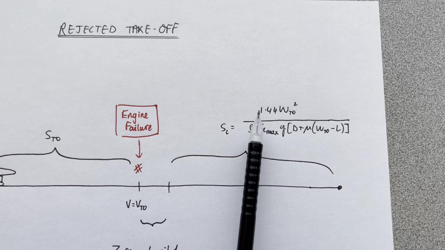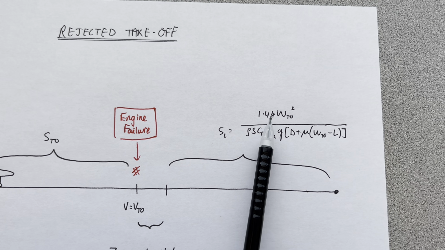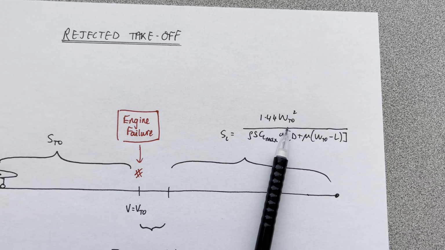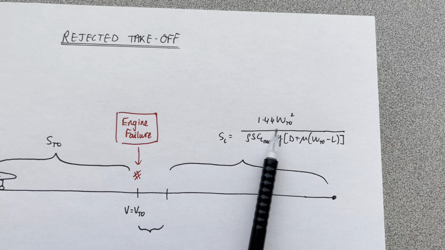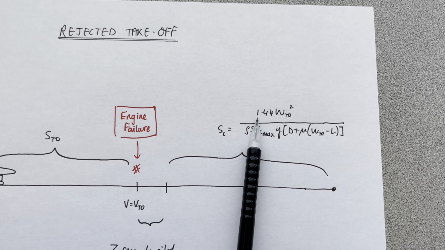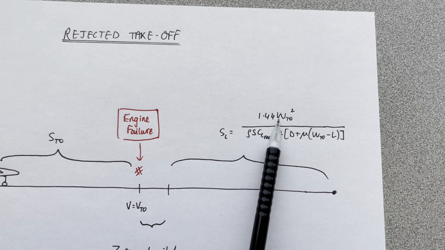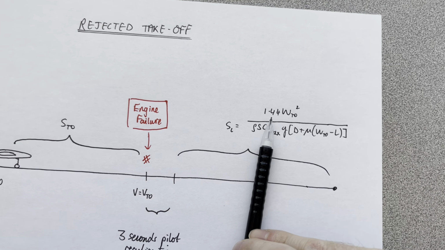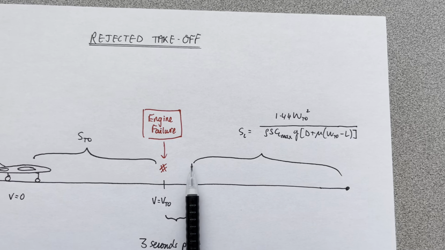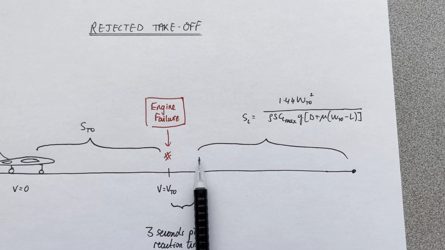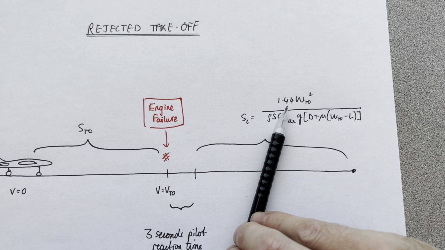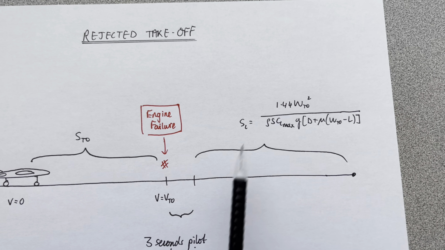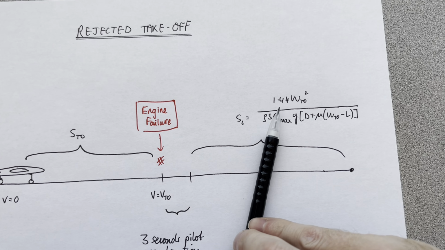So whereas it was 1.69 times the landing weight squared in the numerator before, we're now replacing that with 1.44 times the takeoff weight squared. So 1.44 because we're now assuming that we're 1.2 times the stall speed instead of 1.3, and 1.2 squared is 1.44 instead of 1.3 squared, which is 1.69.